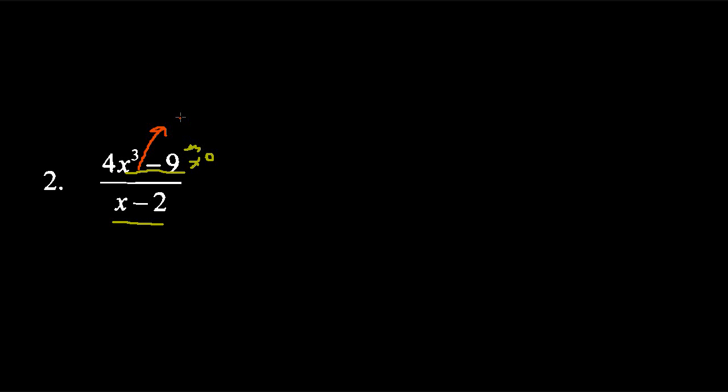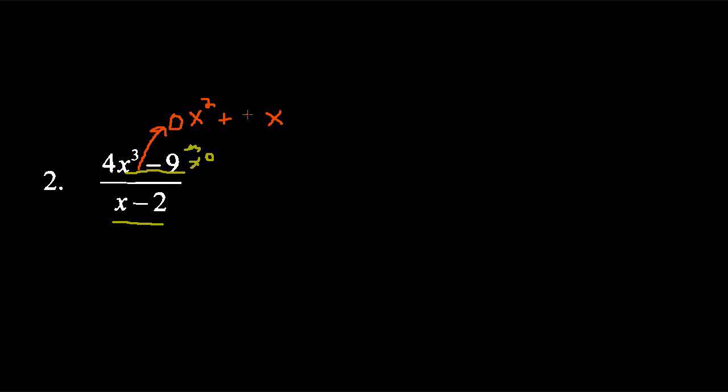Okay. So we have x to the second is missing. So the coefficient for the x to the second term is 0 because it's not there. And then plus, we also have a missing x term. What should its coefficient be?